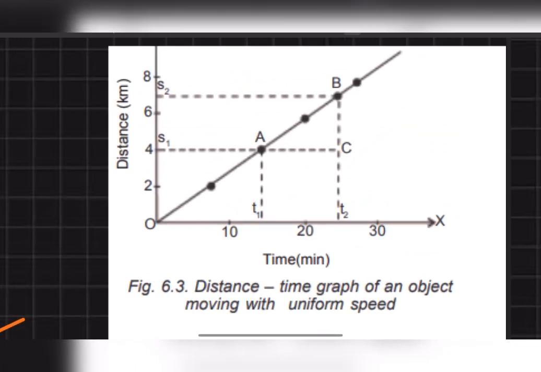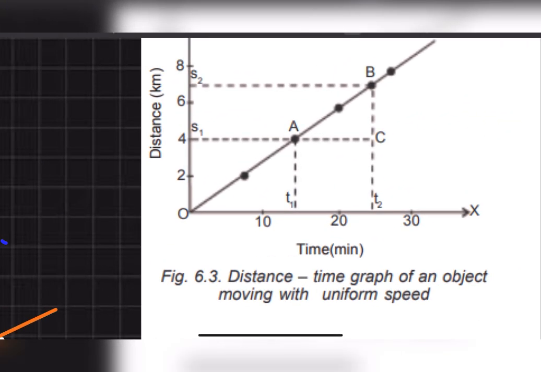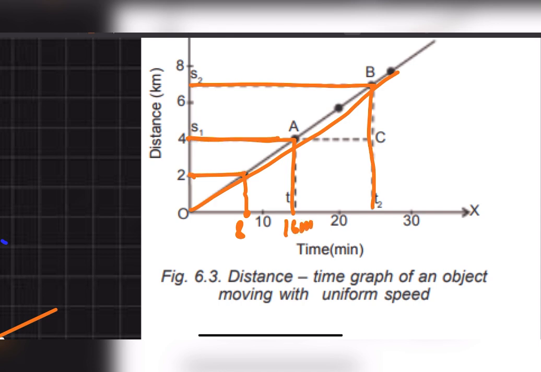Similarly, this is the graph they've shown. Okay, so here you can see 4 kilometer at some distance here and some distance here. It is changing equally, right? If it is 8 minute, it is 2 kilometer. Then this must be 16 minute, it is 4 kilometer.